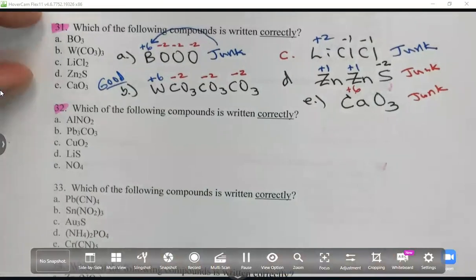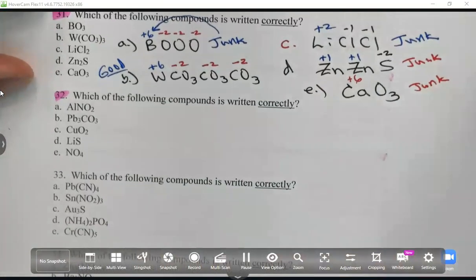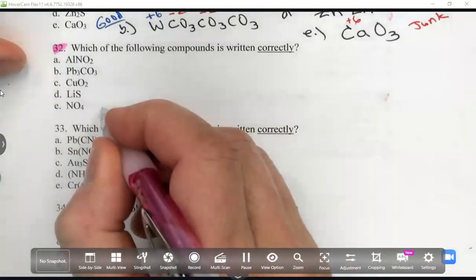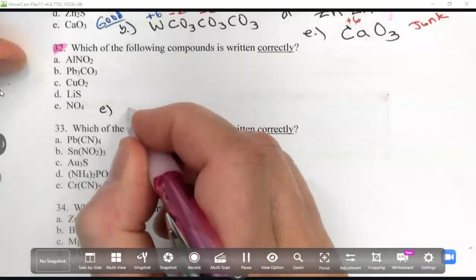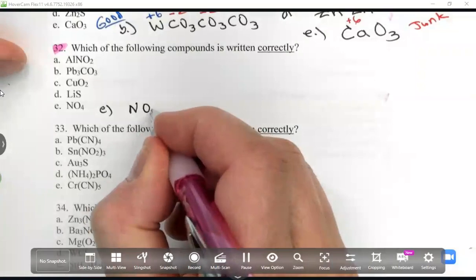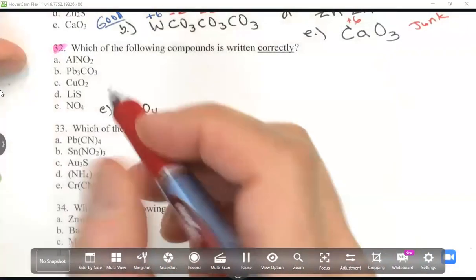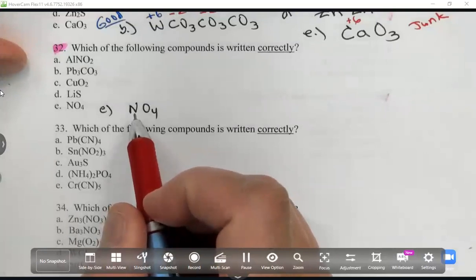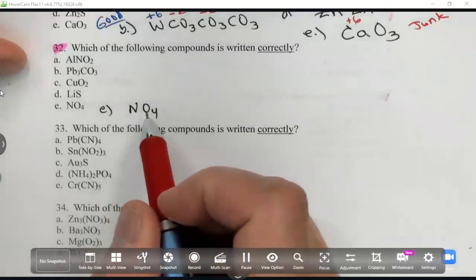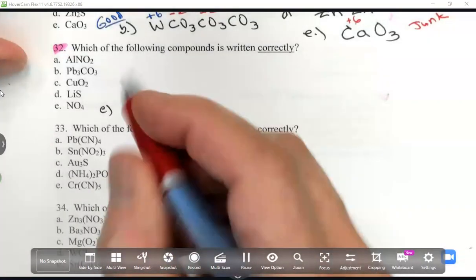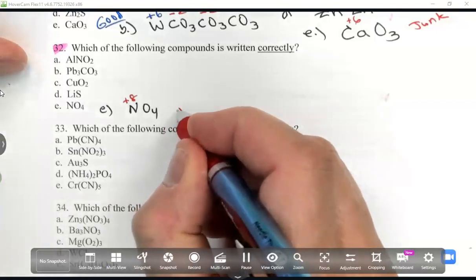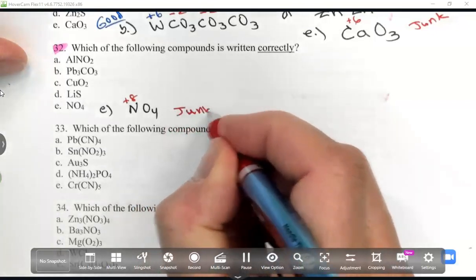All right, so in the next one, we're going to start in reverse order. Let's go with E. So if we do E right here, and NO4, we'd be looking at what on the nitrogen? Looking at a +8 here, correct? 4 oxides at -2 gives us -8. We'd be looking at a +8 nitrogen, and that is junk, not possible.